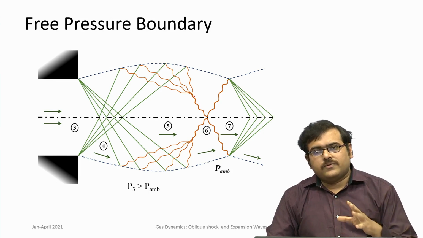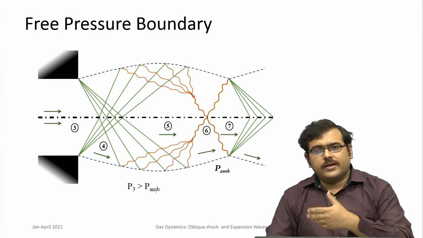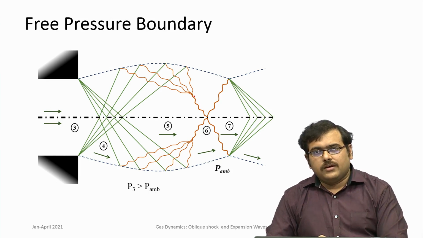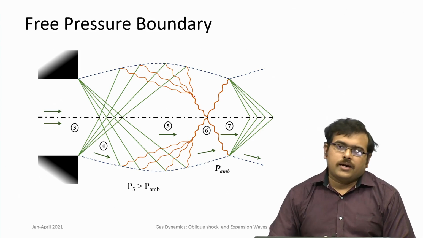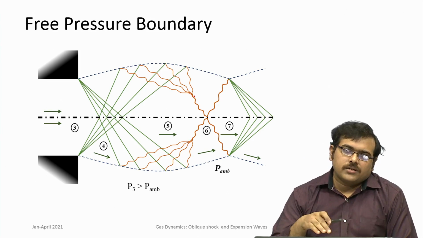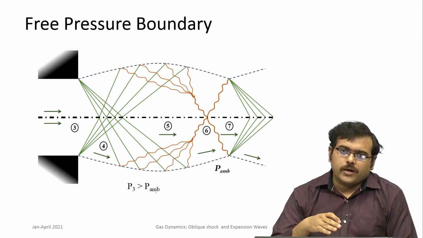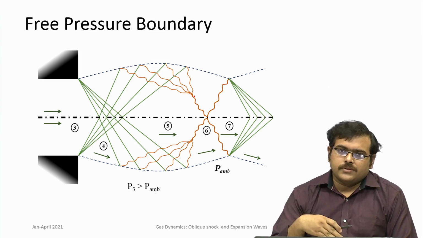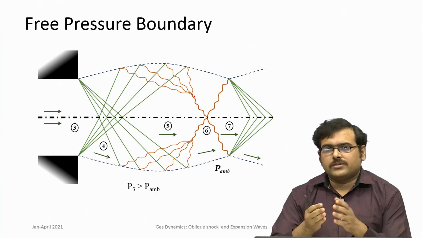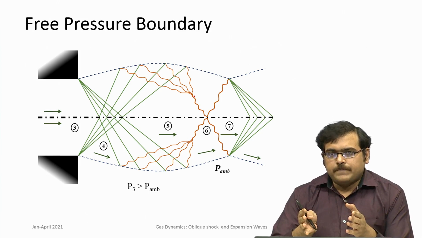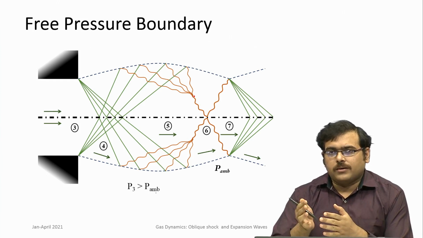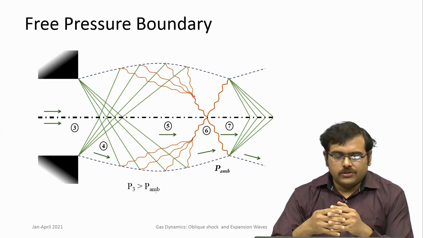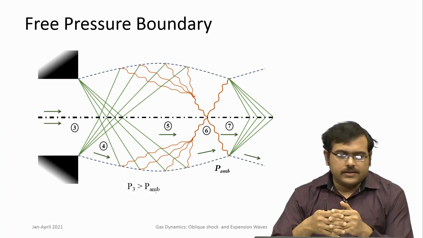Similarly, expansion waves, when they interact with a solid wall, reflect as expansion waves, but when they interact with a free pressure boundary, they reflect as compression waves, which further coalesce to form shock waves. So, this is important. Distinguish between reflections from a solid wall and from free pressure boundaries like slip lines. This understanding is important.